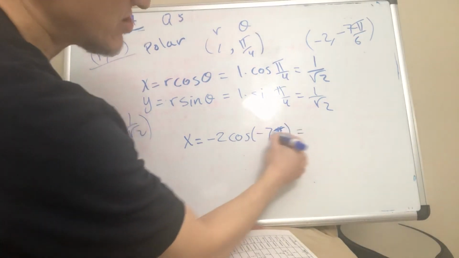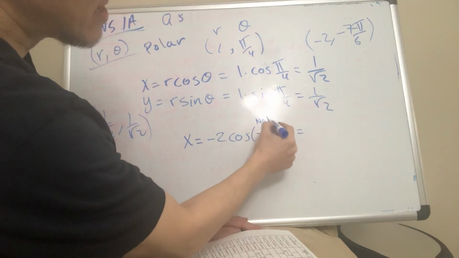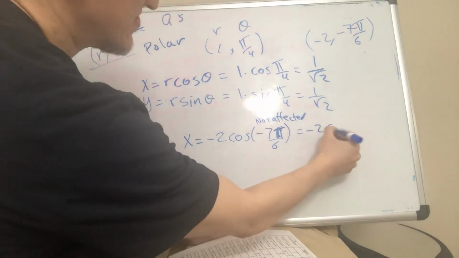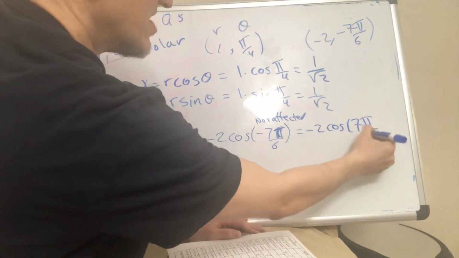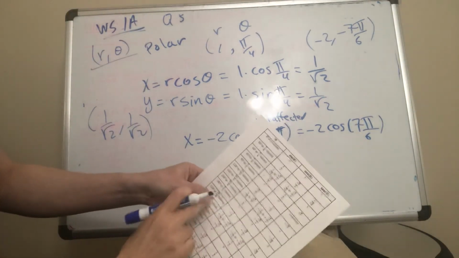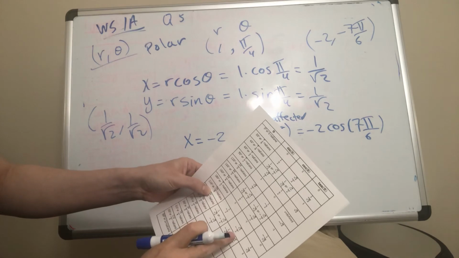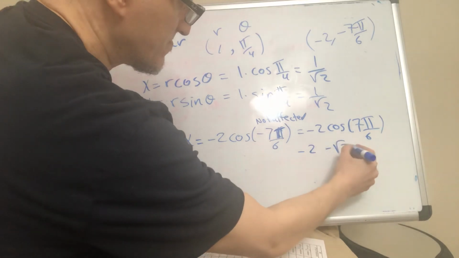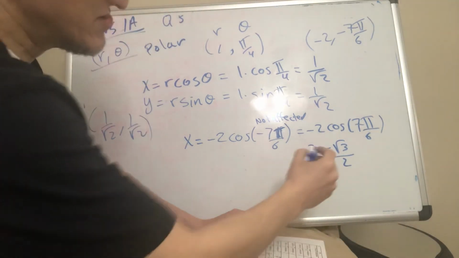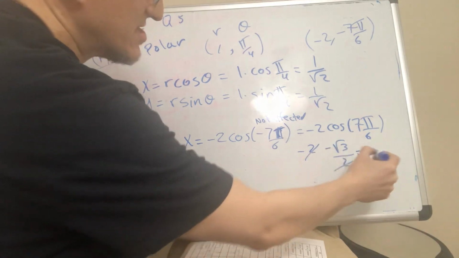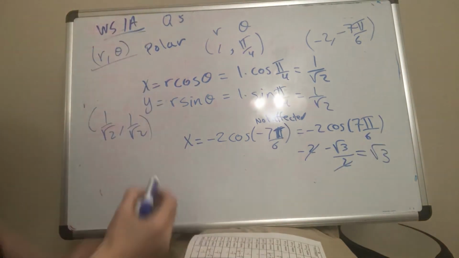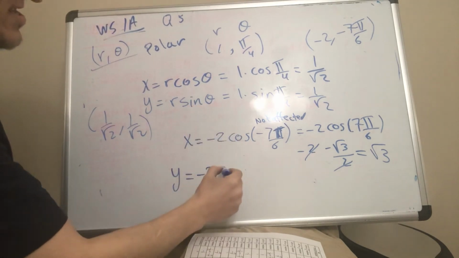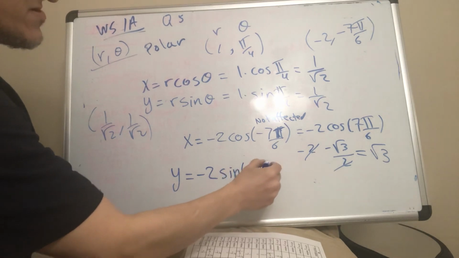If you do the second one, x equals r cosine negative 7 pi over 6. Now the good thing about cosine is it's not affected by a negative sign. So you can do this as positive 7 pi over 6. And if you go here, 7 pi over 6, cosine is negative root 3 over 2. So negative root 3 over 2, cancel, cancel, negative, negative is positive, so this is root 3. Y is r sine of negative 7 pi over 6.